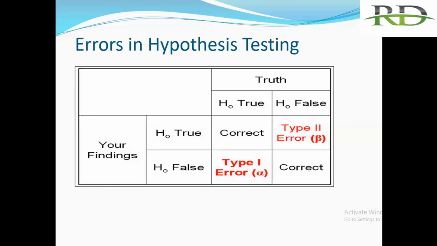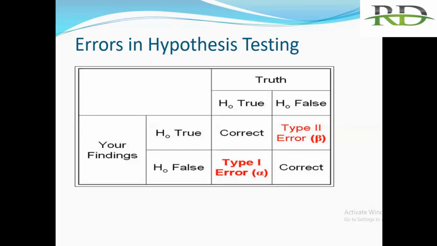So after a lot of discussion among statisticians, after a lot of thinking, what was finally decided was that type 1 error is more serious as compared to type 2 error.